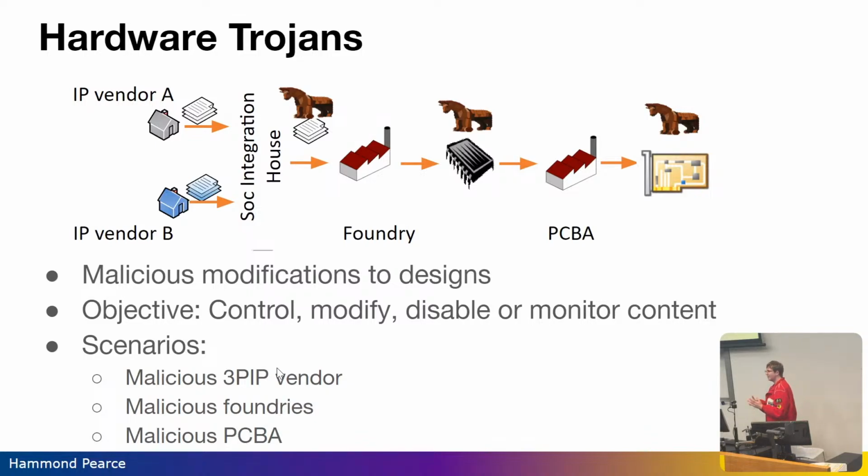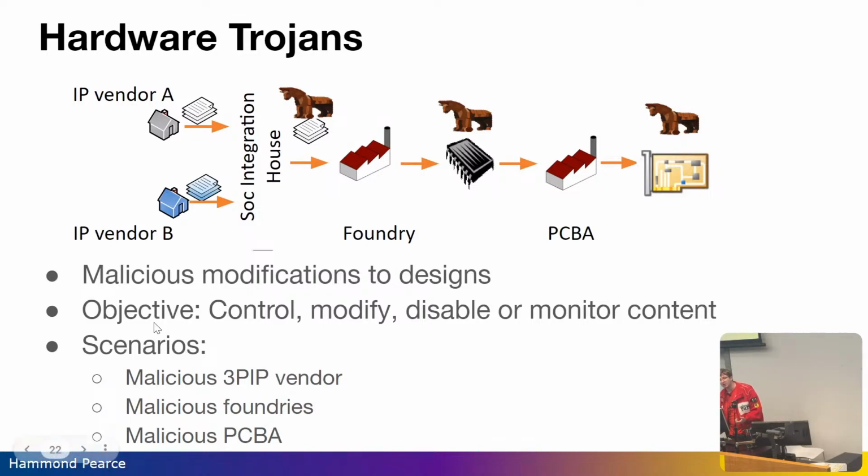Or finally, at the printed circuit board level, after you make your design and it's wonderful and it's beautiful and it doesn't have any problems with it, the factory that actually solders the chip onto your motherboard or what have you, that one's malicious. And so they just throw your chip in the bin and put something on that looks like it instead. Right? So all of these are real possibilities.